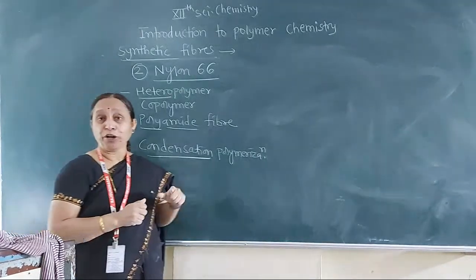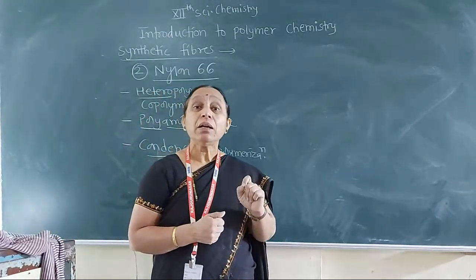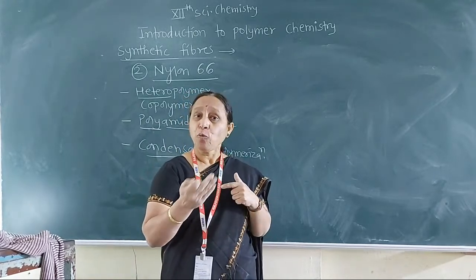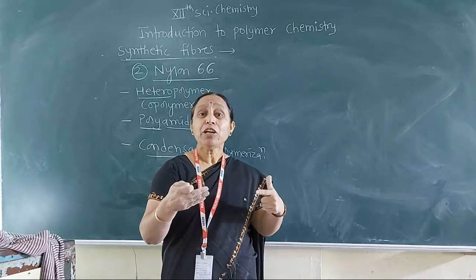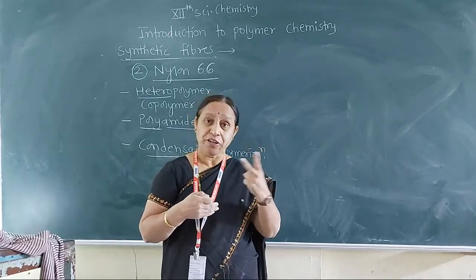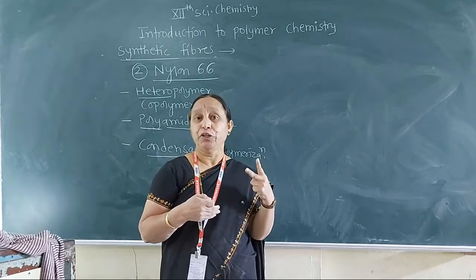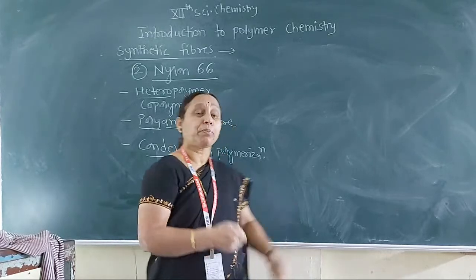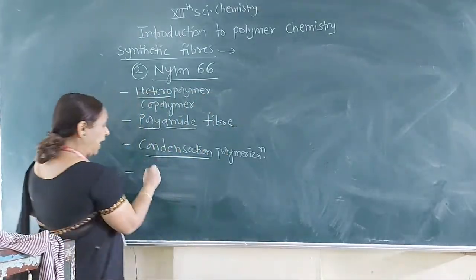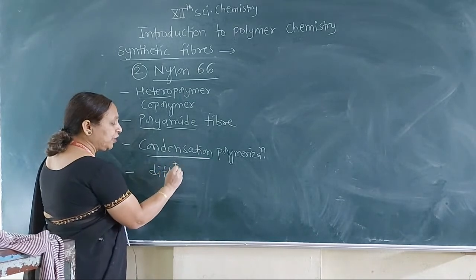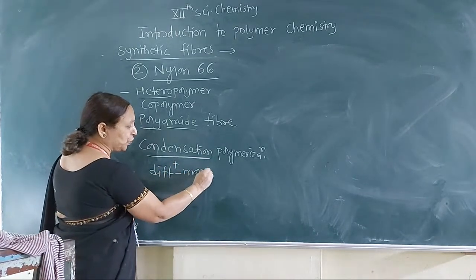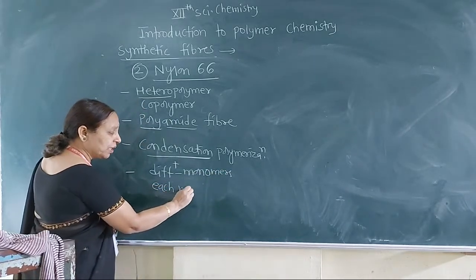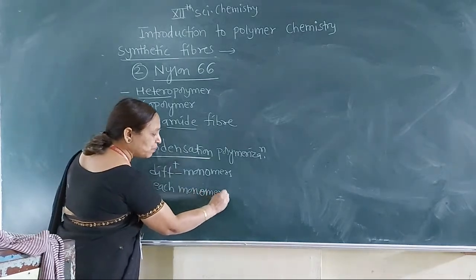And the very important point about this fiber, why the name 66? As it is a heteropolymer, different molecules of monomers are used, two different types of monomers are used, and each monomer contains 6 carbon atoms.